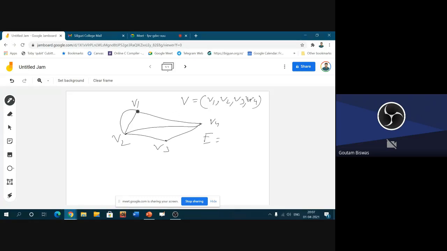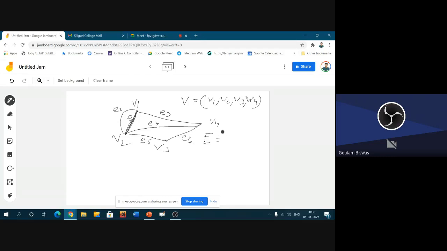And the set E is there. V1 and V2 are connected. Suppose the name of this edge is E1, this edge is E2, then this edge is E3, this edge is E4, this edge is E5, and this edge is E6.